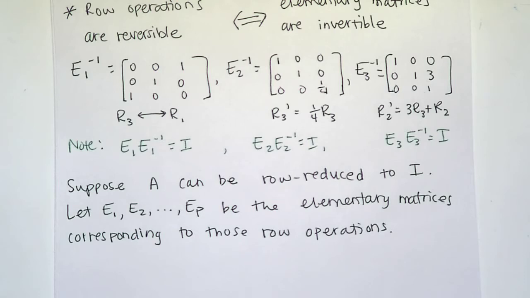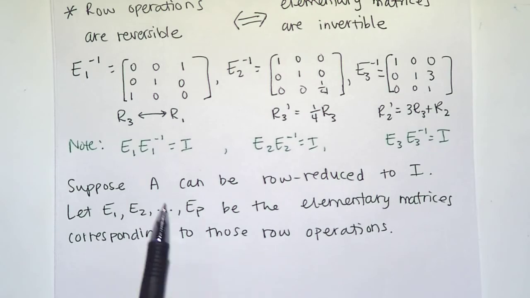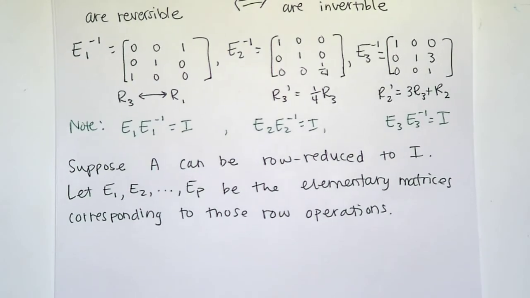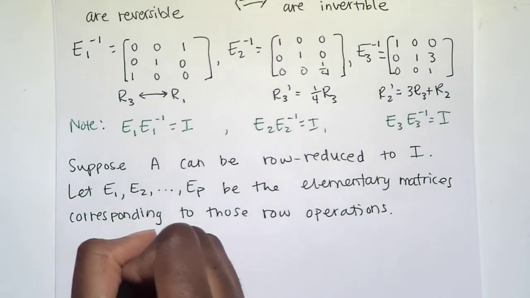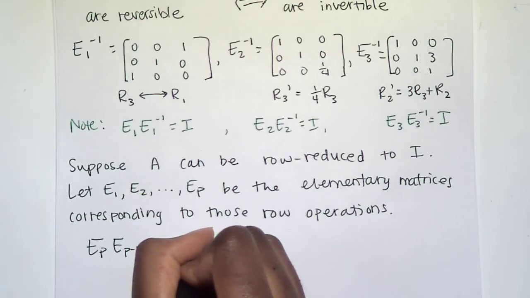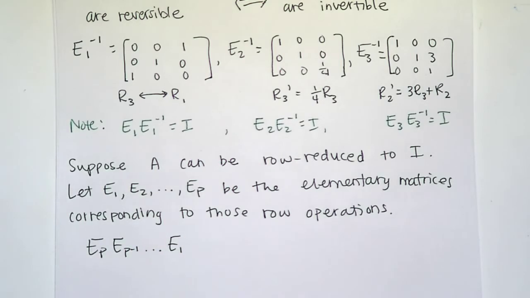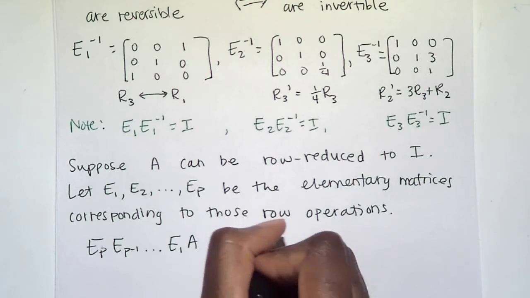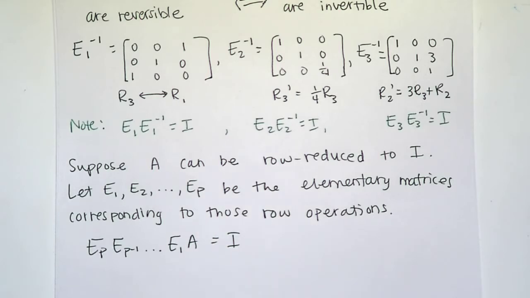All right, so A can be row reduced to I by multiplying these by A. When you multiply these by A, you're going to get the identity. So that means if we have EP, EP minus 1, all the way to E1 times A, that's going to be the identity.